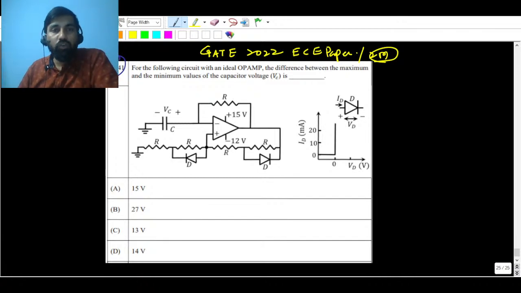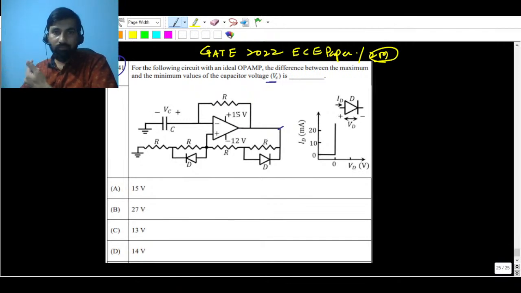For the following circuit with an ideal op amp, we have to find the difference between the maximum and the minimum values of the capacitor voltage. Here they have given the op amp, and your output can be plus 15 volt or minus 12 volt.